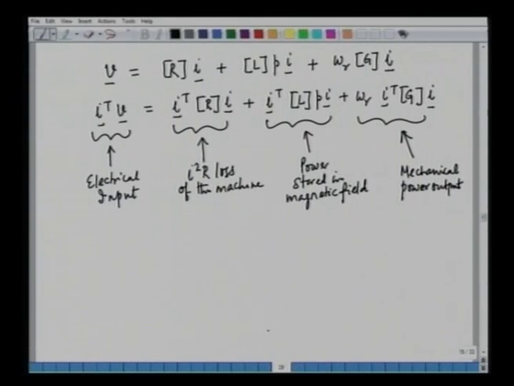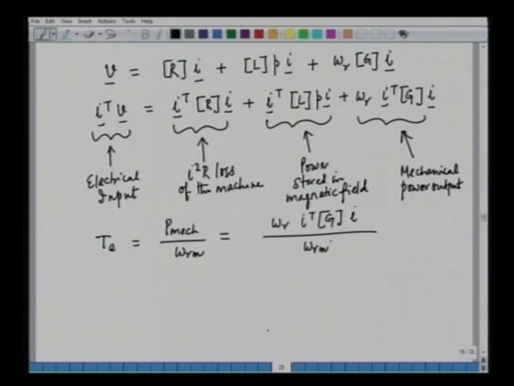And if we find the torque, it is P mech, the mechanical output, divided by the mechanical speed omega_rm. So, omega_r i transpose G i divided by omega_rm, which is equal to omega_r i transpose G i divided by omega_r by P by 2, and that is equal to P by 2 i transpose G i.